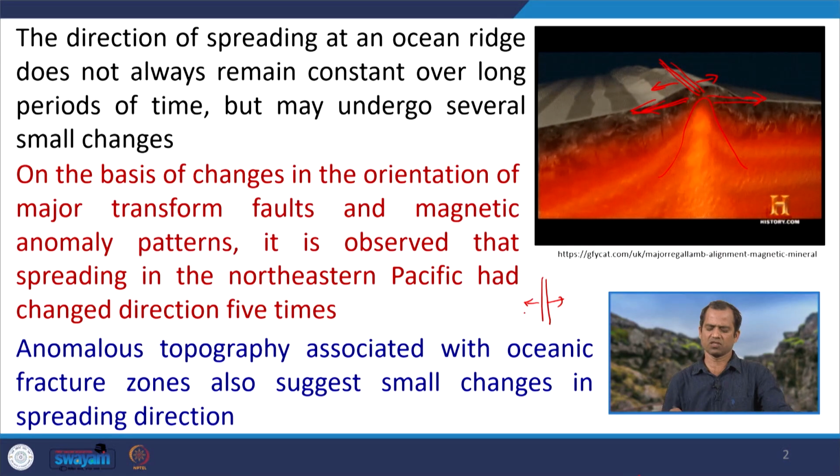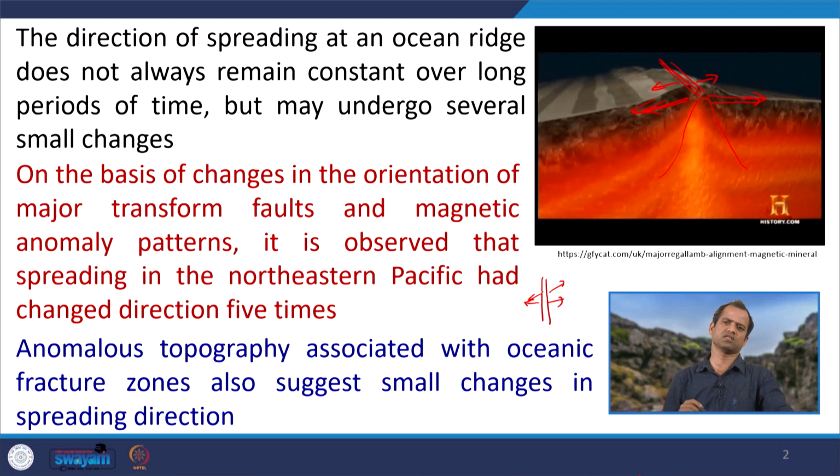However, this spreading may or may not always be perpendicular to the long axis of the mid-oceanic ridge. The direction of spreading at an ocean ridge does not always remain constant over a long period of time and may undergo several small changes. For example, suppose we have a mid-oceanic ridge here and this is the spreading system, but with time the spreading center may change.